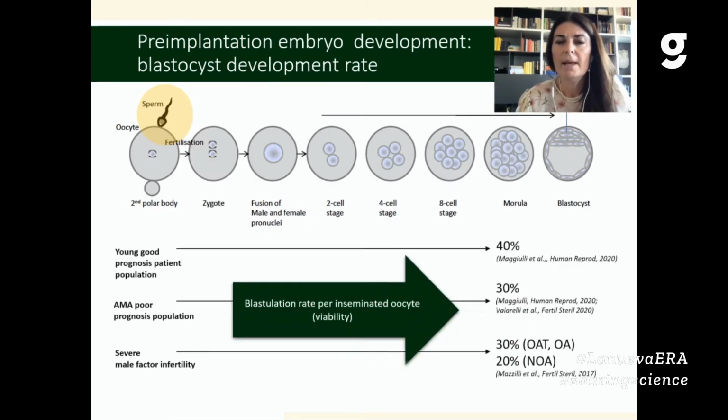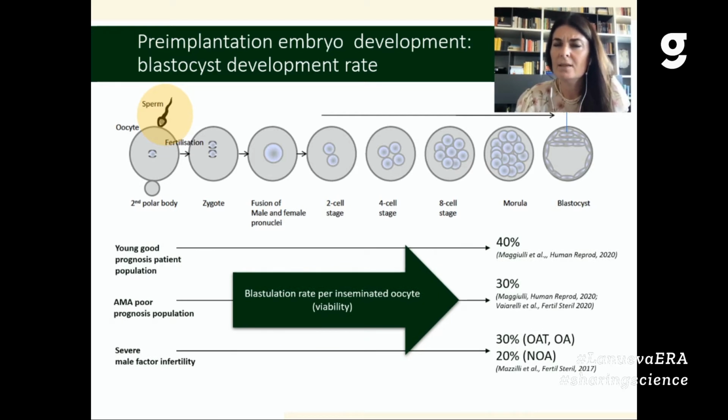Okay, so blastocyst formation is essential, and blastocyst formation is quite low in humans. In an excellent, good population of patients, out of 10 inseminated oocytes, only 4 on average will get to blastocyst. And if you move to a poor population of patients, such as advanced maternal age or severe male factor, this percentage is even lower.